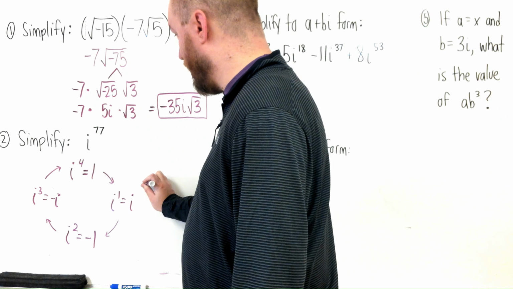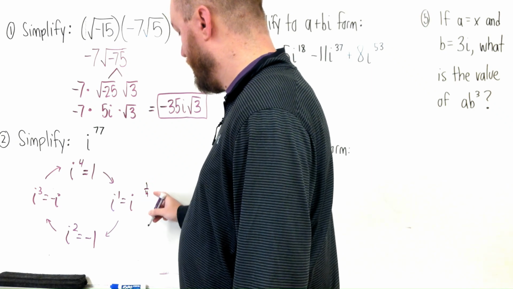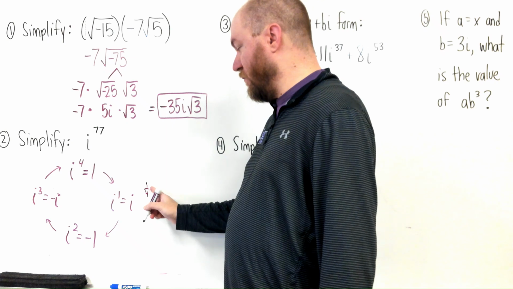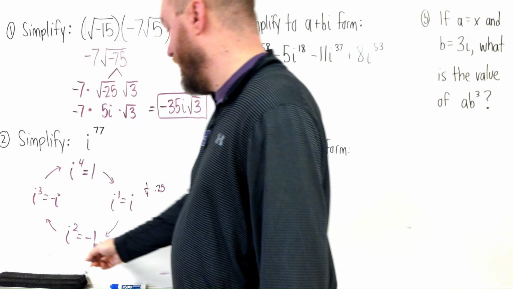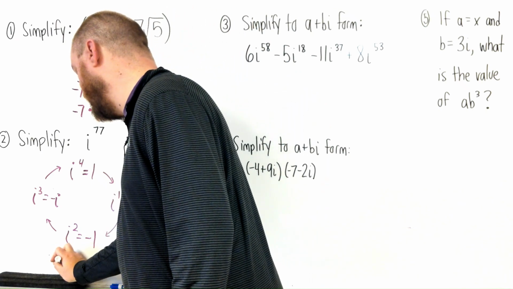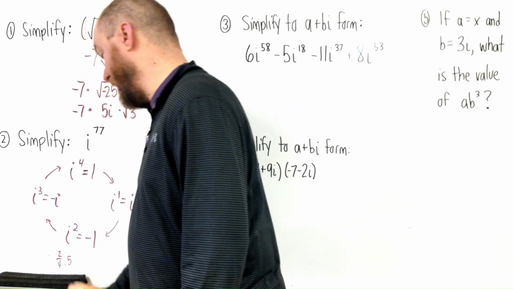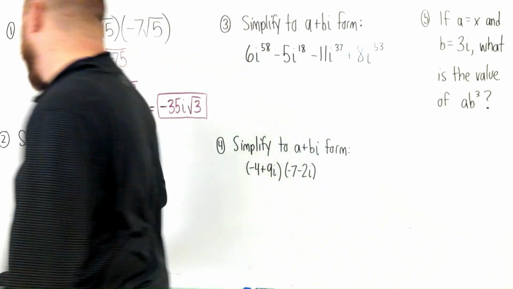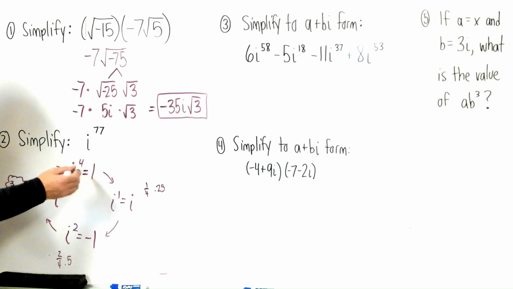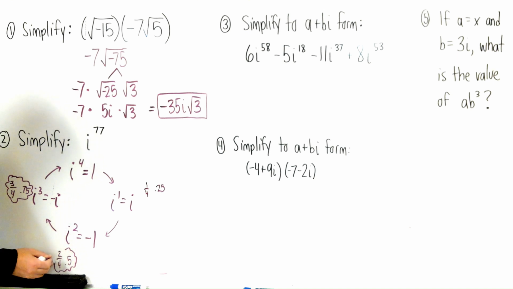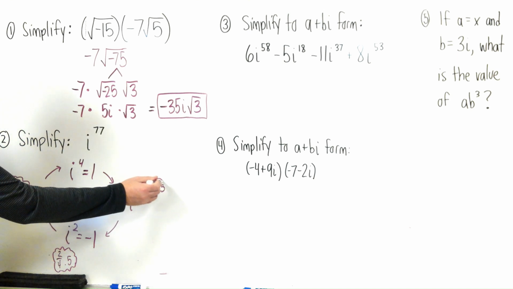So if our exponent is divisible by 4 with a remainder of 1 or 0.25, then this is the answer. If our exponent has a remainder of 2 or 0.5, then this is our exponent and this is our answer. And if our remainder, when we divide by 4, is 3 or 0.75, this is our exponent. And this one means that we have no remainder. There's nothing left over. It's divisible by 4.